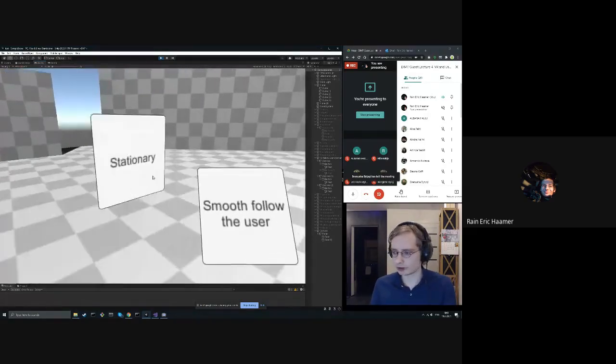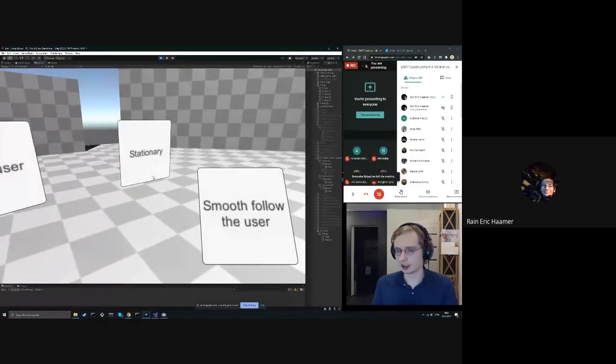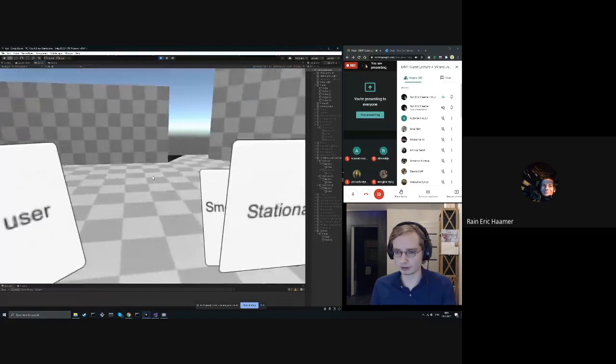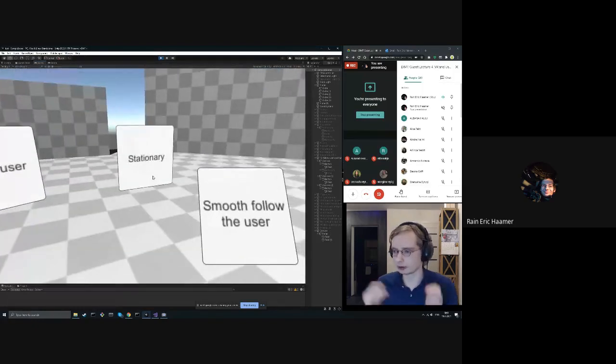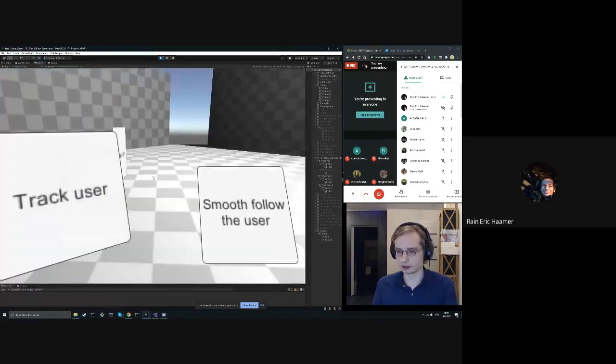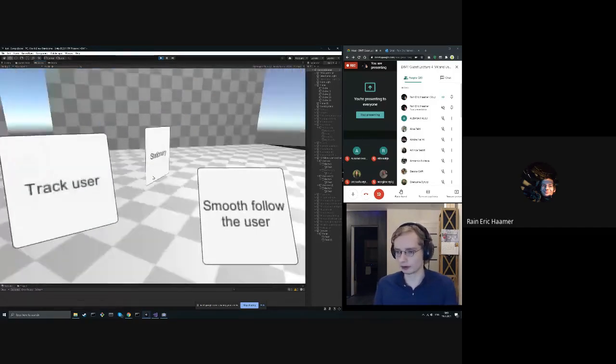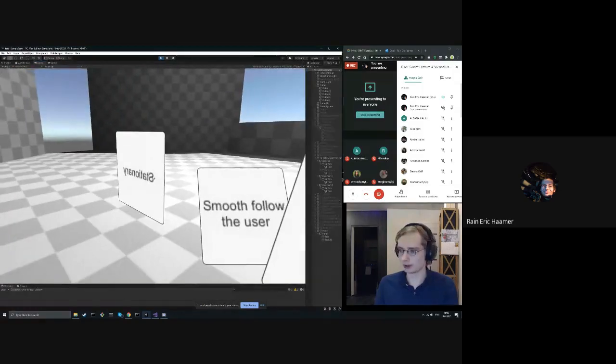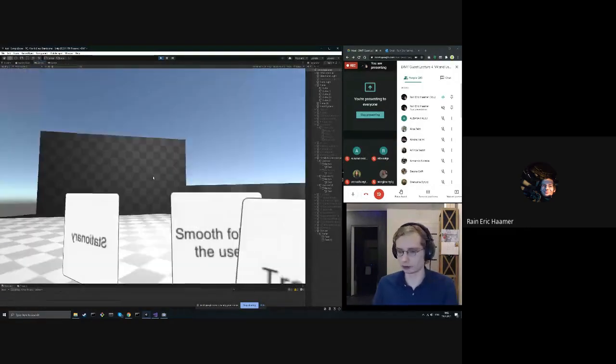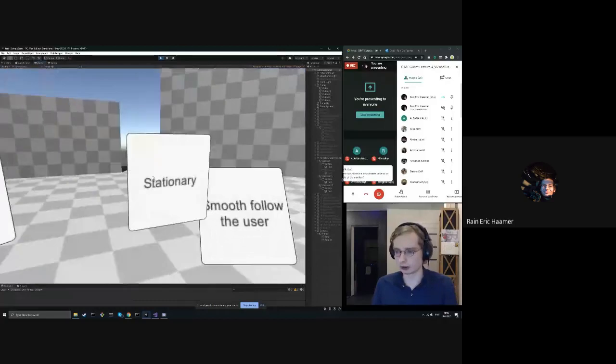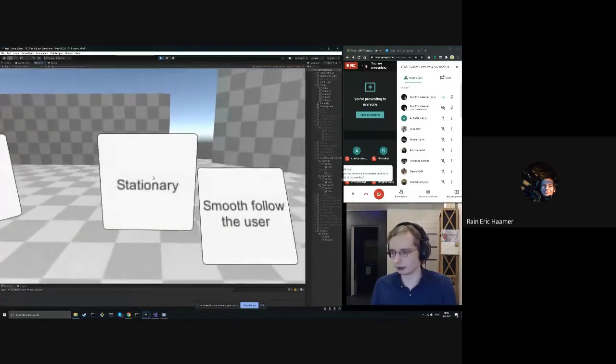But if you have stationary ones, these might be virtual screens that the user needs to interact with only when they get near the screen or to the correct location based on the screen. So let's say you have something behind the screen that the user needs to look at and understand what is happening, but the screen should not always look at the user, because the user might get the wrong impression and walk up from behind it and think that they're supposed to be looking in that direction, while what you're actually looking at is here.